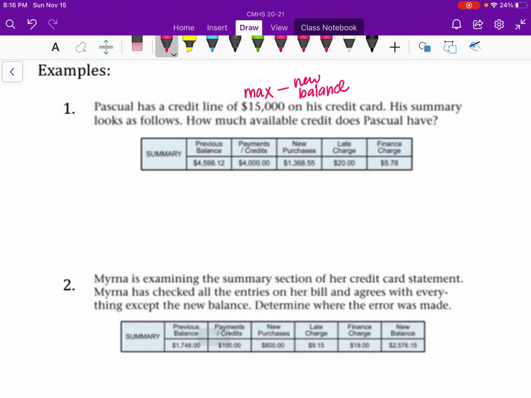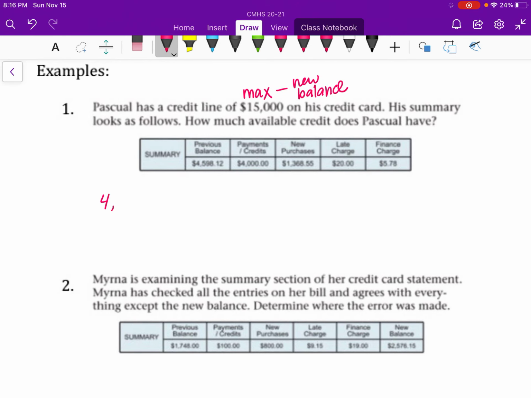So what we're going to do is take that previous balance, $4,598.12. We're going to subtract the payment, which is $4,000, and add the rest. Add $1,368.55. Add the late charge of $20, and add the finance charge of $576.